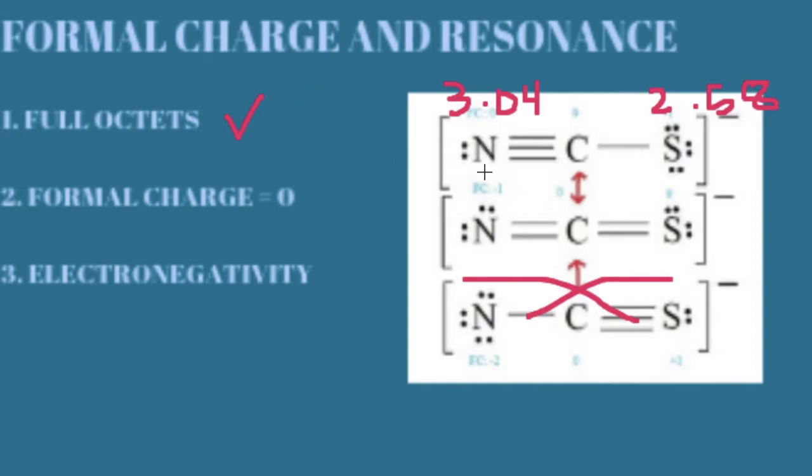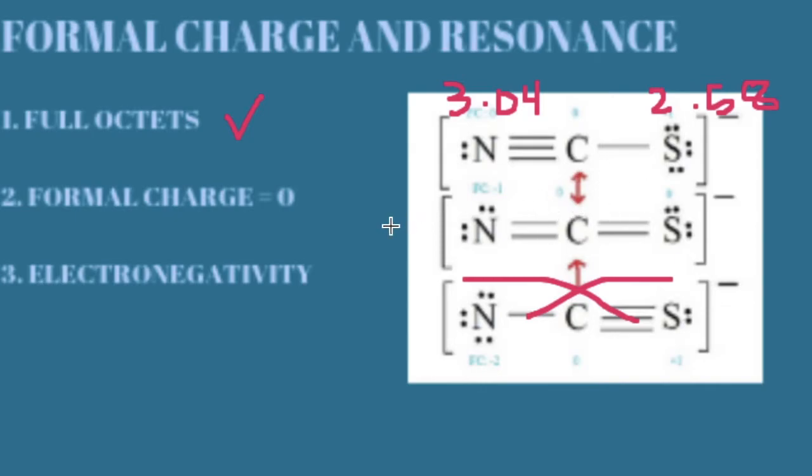So let's take a look at our structures. The top one has a 0 formal charge on the nitrogen, a 0 formal charge on the carbon, and a -1 on the sulfur. And then we have a -1 on the nitrogen in the middle one with no formal charge on the carbon or sulfur.